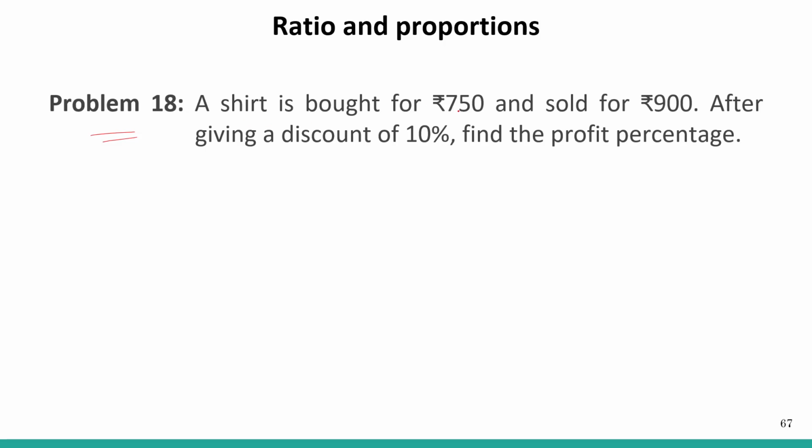A shirt is bought for 750 rupees and sold for 900. So here the profit is 150, right? After giving a discount of 10%, find the profit percentage. He gave an initial discount of 10%.